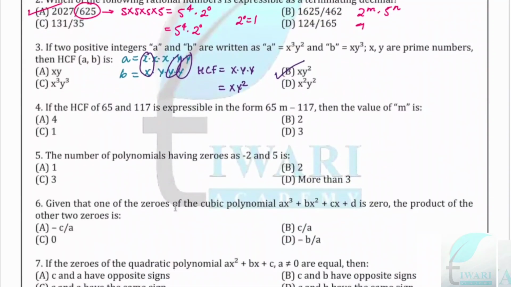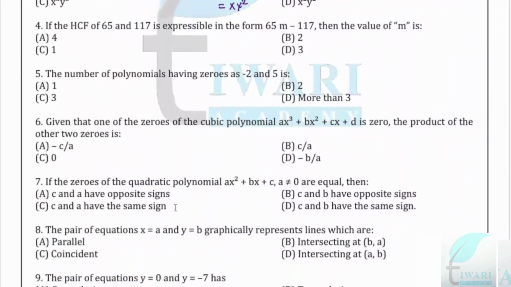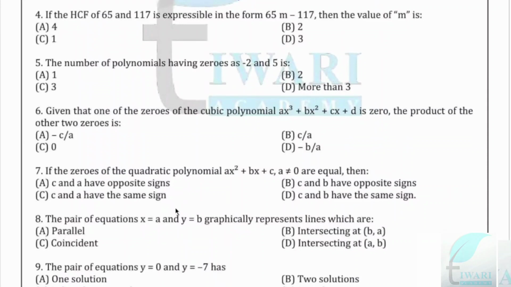Now let us come to the fourth question. If the HCF of 65 and 117 is expressible in the form 65m minus 117, then the value of m is what? So what they are asking is 65m minus 117 equals HCF.